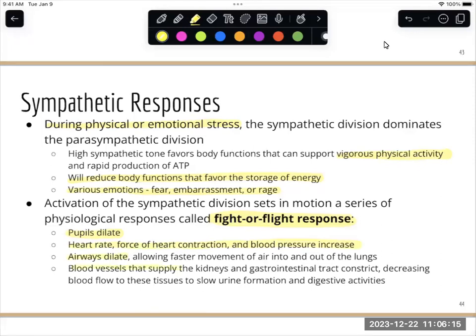Blood vessels that go to the kidneys and that gastrointestinal tract, your digestive tract, they constrict. We don't need to move things through the kidneys and that digestive tract at this moment because we're trying to get away from something. So it's going to decrease the blood flow and it slows urination formation and digestive activities.